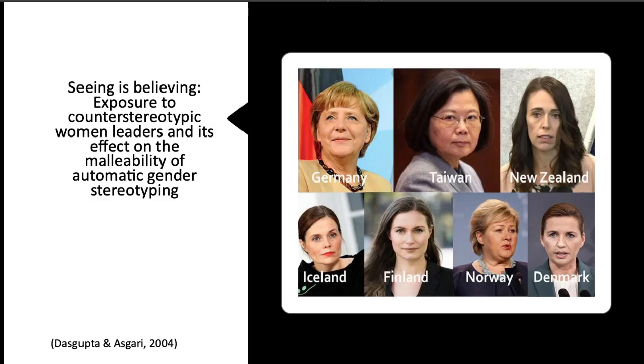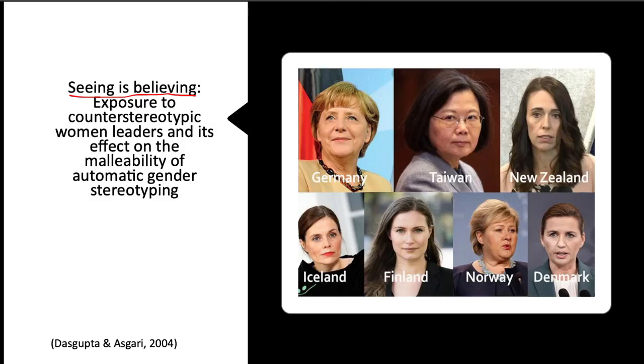There's another study, about sexism. It's about women being convinced that women can be leaders by experiencing other women in leadership roles. So this is seeing as believing, and the title basically says it all: exposure to counter-stereotypical women leaders and its effect on the malleability of automatic gender stereotyping.